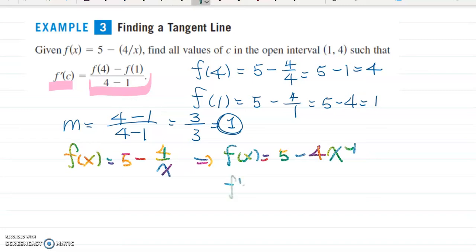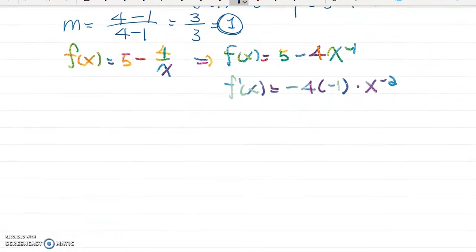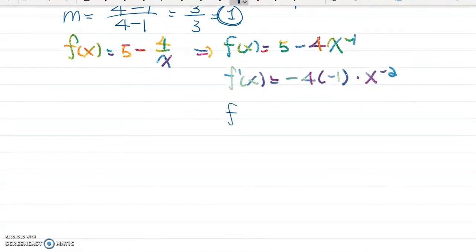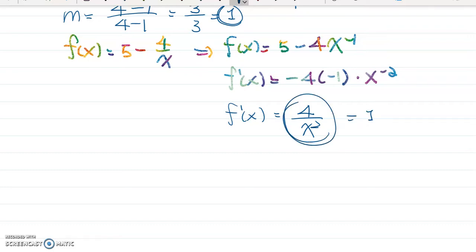Then f'(x) equals negative 4 times negative 1 x^(-2), right? Then this becomes f'(x) equals 4 over x squared. Now we are setting this equal to 1 basically.